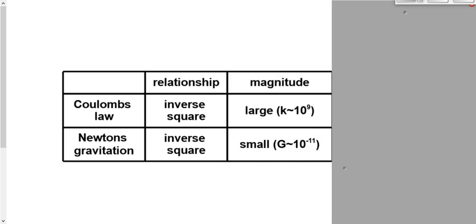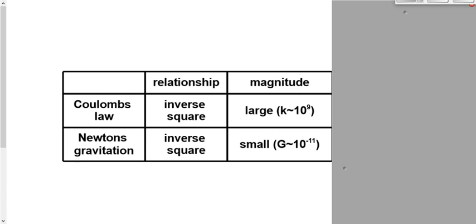F is equal to something times something times something over r squared. The basic structure of those two equations is the same. The magnitude of the forces: well, gravity is a smaller force. Gravity is the smallest of all of the fundamental forces. Coulomb's law is a much bigger force than gravity is.